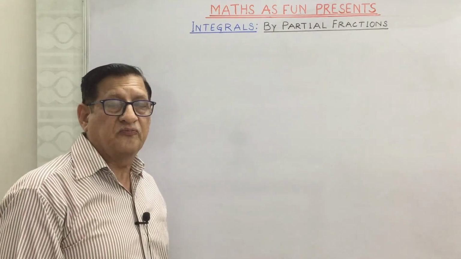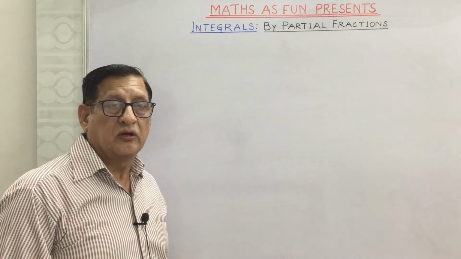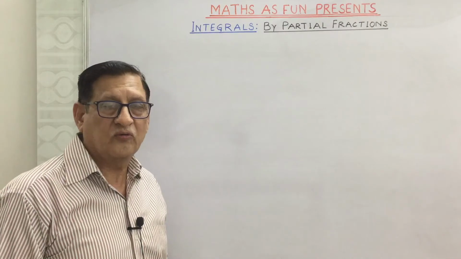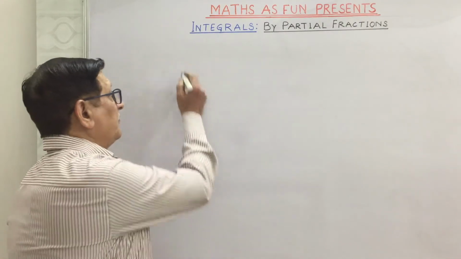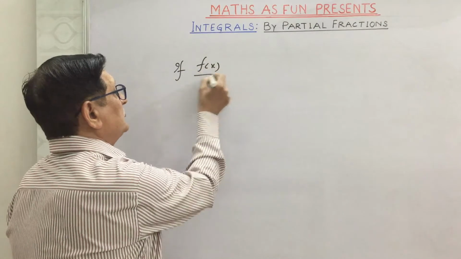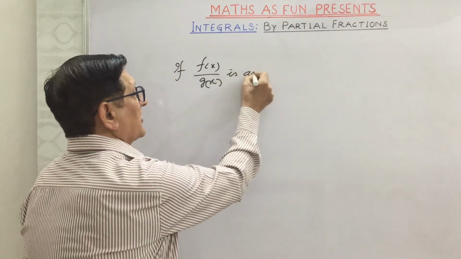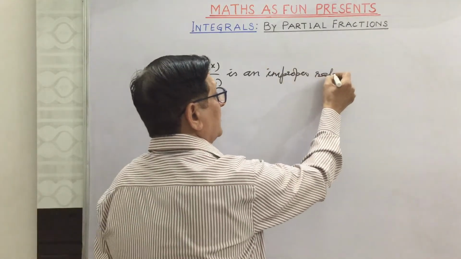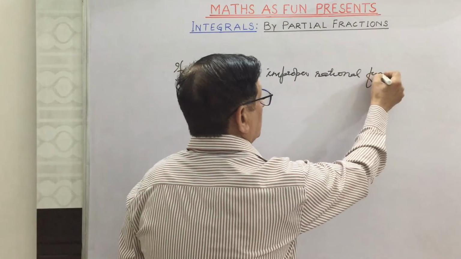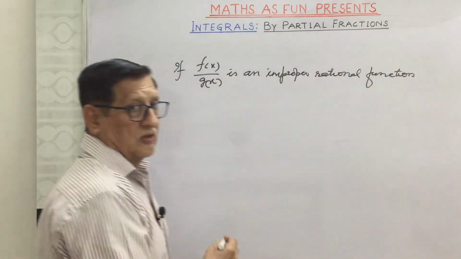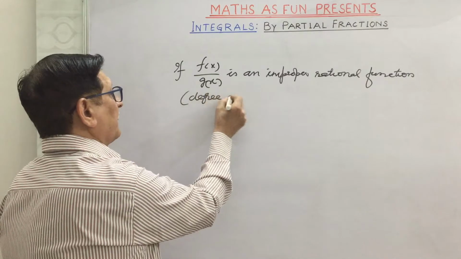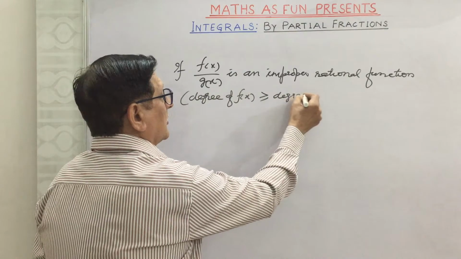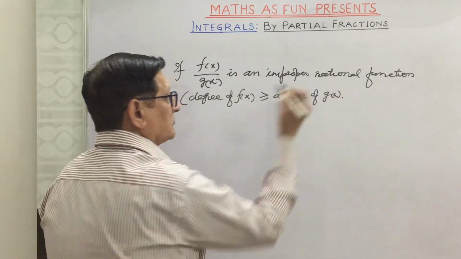For the application of partial fractions in case of integrals of improper rational functions, let's learn now what we do. If f(x) upon g(x) is an improper rational function, we know that degree of f(x) is greater than or equal to degree of g(x).